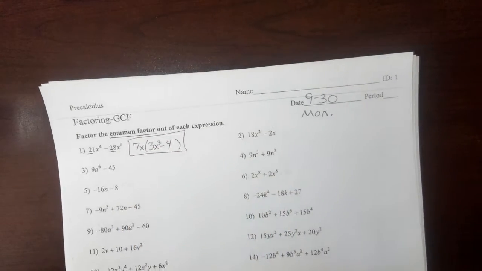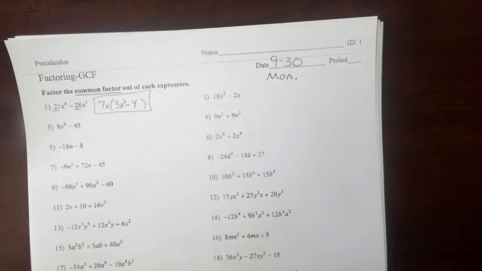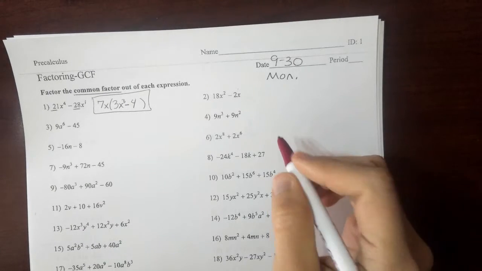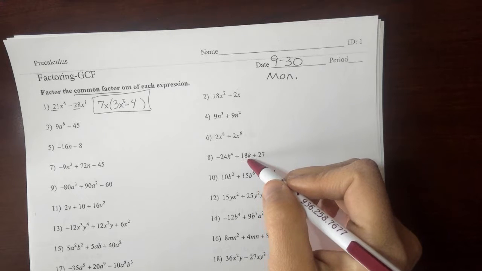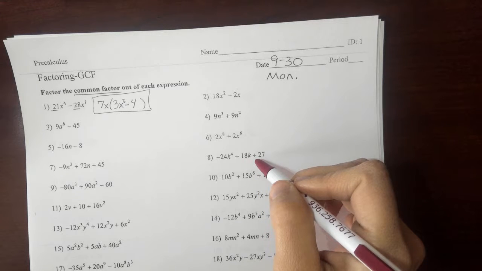Okay, let's do another one. Let's do one like number 8. This has 3 numbers, but that's okay. I can still take out a GCF from all of them.